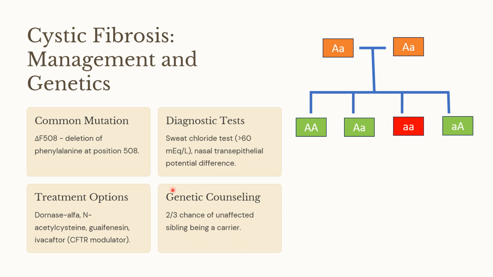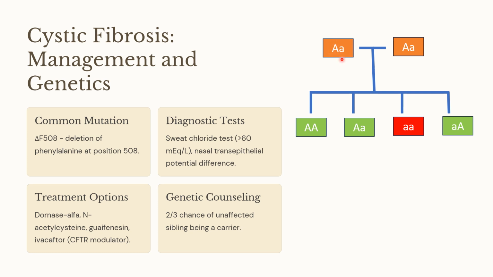How do you come to this 2 by 3 conclusion? This is because cystic fibrosis is an autosomal recessive condition. So to arrive at this part of the question, it is very clear that the parents must be carriers of cystic fibrosis. So a is the affected gene and the capital A is the normal gene.